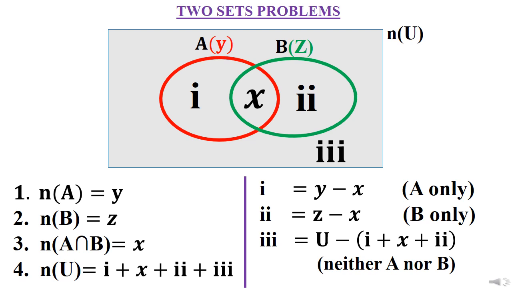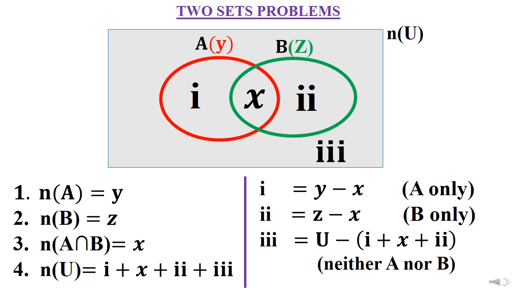Number of A is equal to Y. Number of A means the number of members which belong to set A, and it has been represented by Y on the Venn diagram. We have number of B, and number of B also means the number of members that belong to set B, and it is also Z on our Venn diagram.